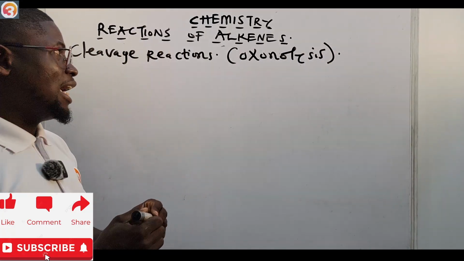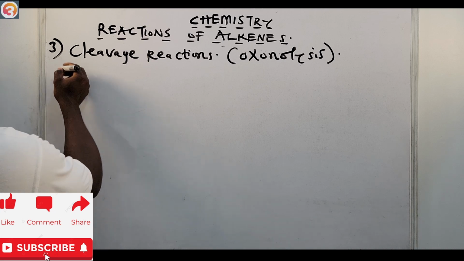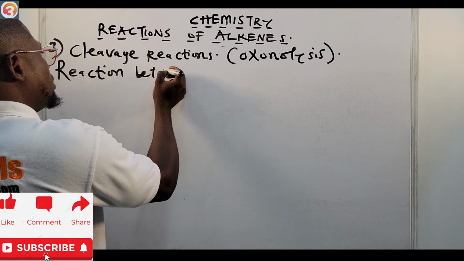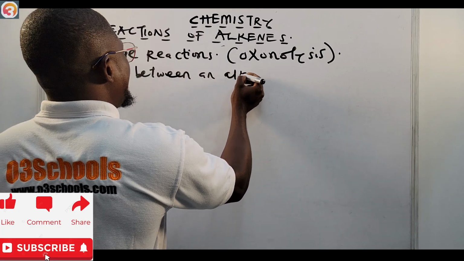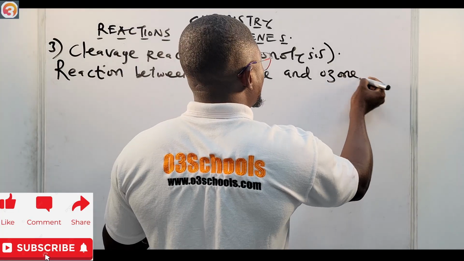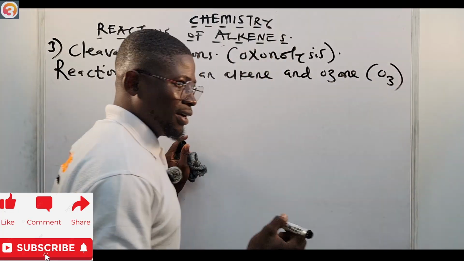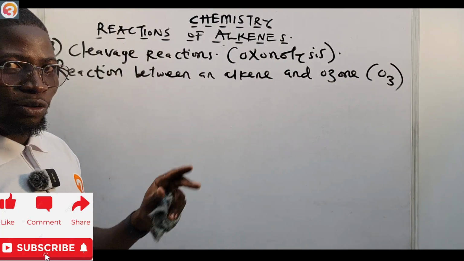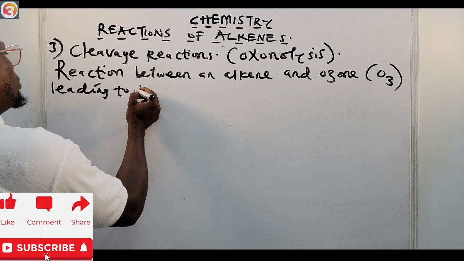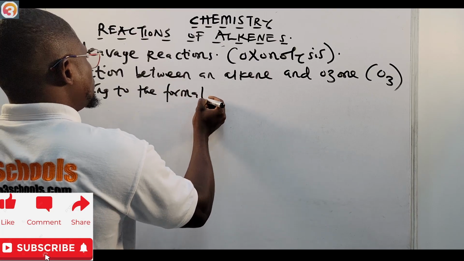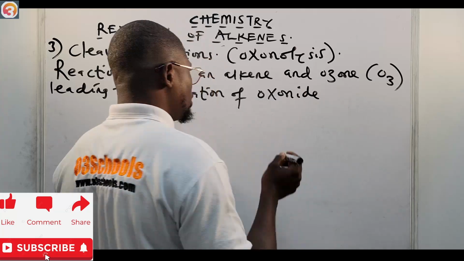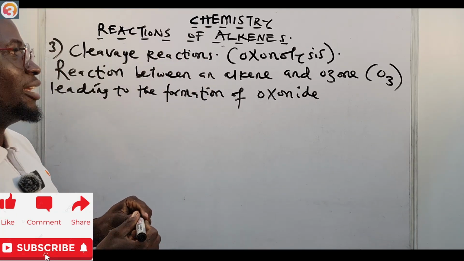Now we say ozonolysis is the reaction. Let me put it down so that it becomes very easy for you to understand. Reaction between an alkene and ozone, O3, leading to the formation of what we call ozonide. This is the first thing that is formed when an alkene reacts with ozone.